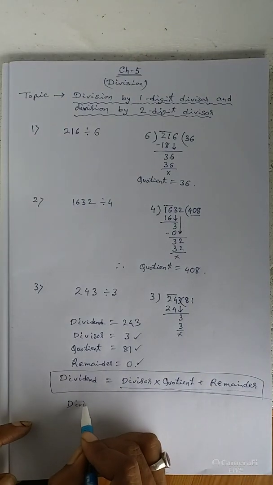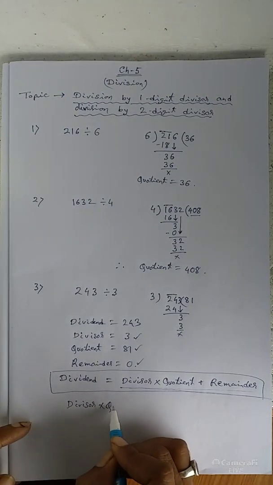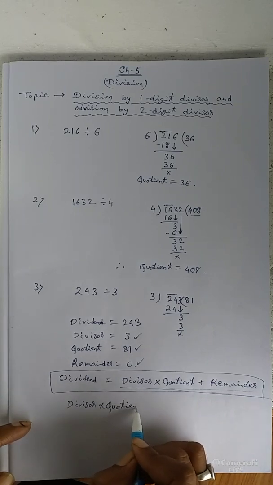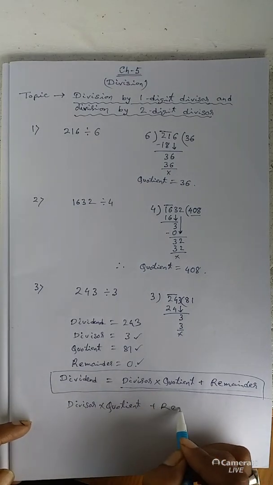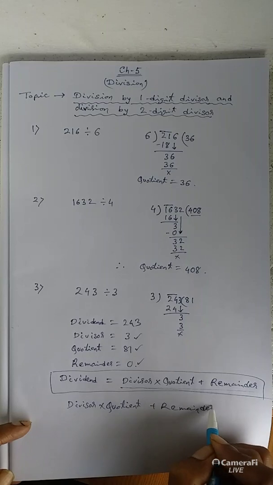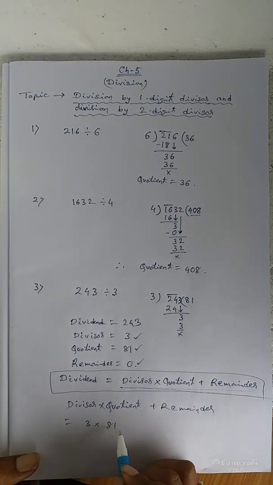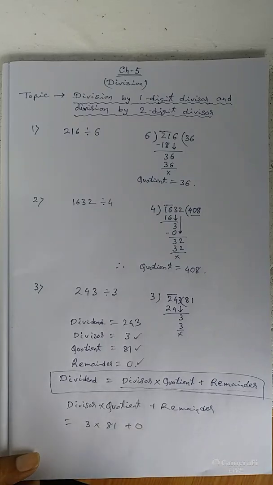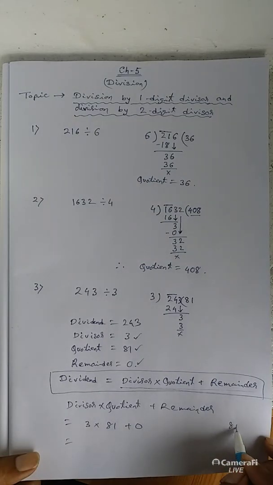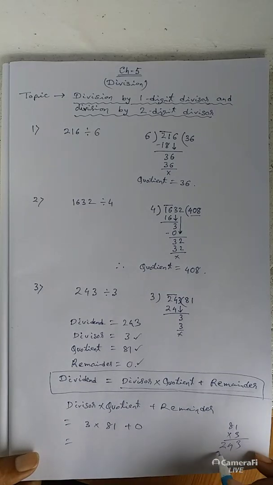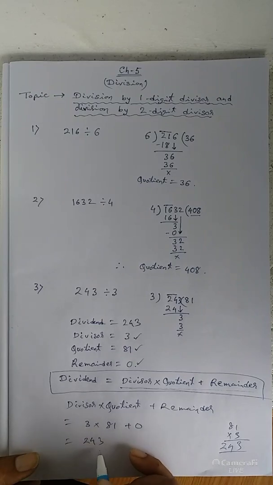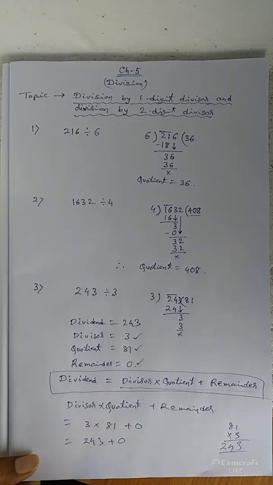So divisor into quotient plus remainder becomes 3 into 81 plus 0. If we multiply 81 by 3, we get 3 1 is 3, 3 8 is 24, 243, and also plus 0.